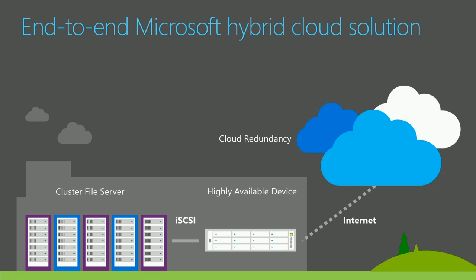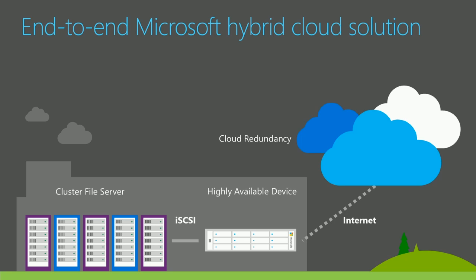Servers there, and you can have them in with SMB3, continuously available shares. You can have them as a clustered file server, completely HA at the server side. And then you have that connecting to your device over iSCSI, and your device is this highly available enterprise storage device in your data center, connecting over the internet into Azure.